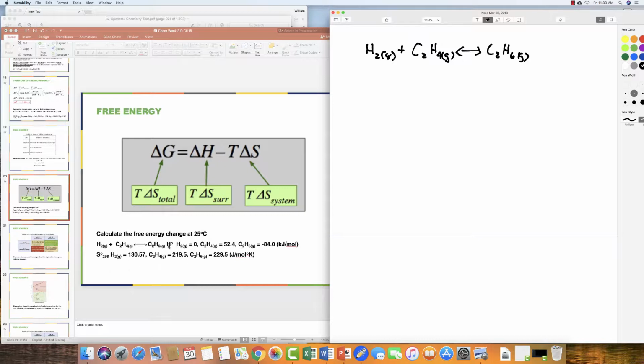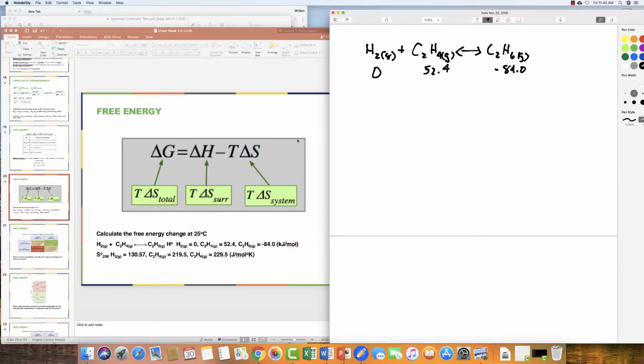So the enthalpy, H0, the calculation is the same, and for an element, enthalpy is always 0. For ethene here, it's 52.4, and for ethane, it's minus 84.0.